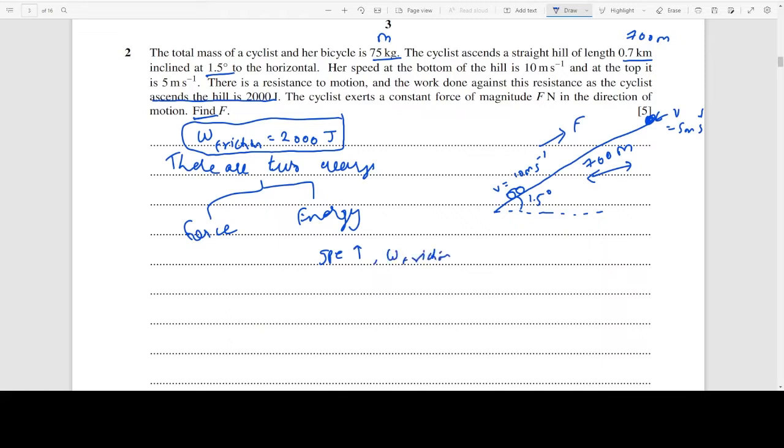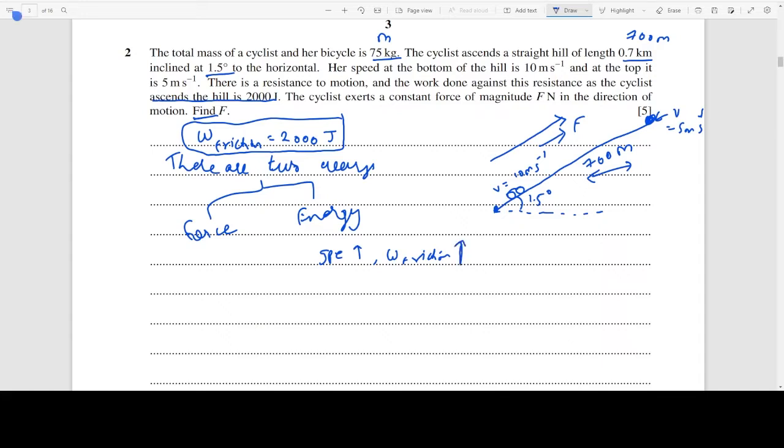Actually, if you see, as the cyclist goes on top of the hill, the distance keeps increasing from the starting point. So that's why even the work done due to friction keeps increasing from the bottom to the top, and exactly on the top, the work done against friction in total is 2000 joules. So even work done against friction is increasing as you go on top of the hill.